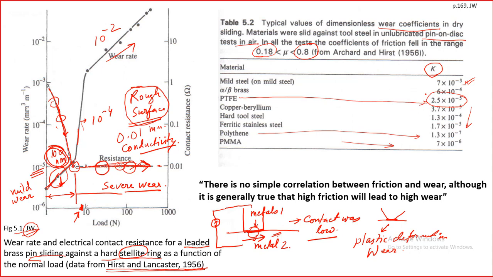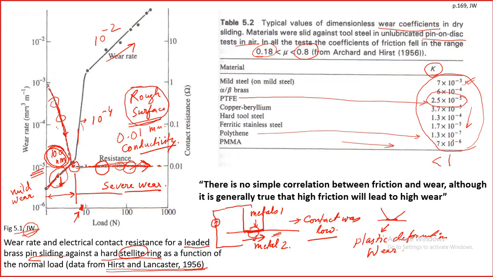Another thing we can understand from this table is numerical values of K is always much lower than unity. Okay. So these are all the numerical values of wear coefficient, and all of them are much lower than 1. Okay. So always in this range.